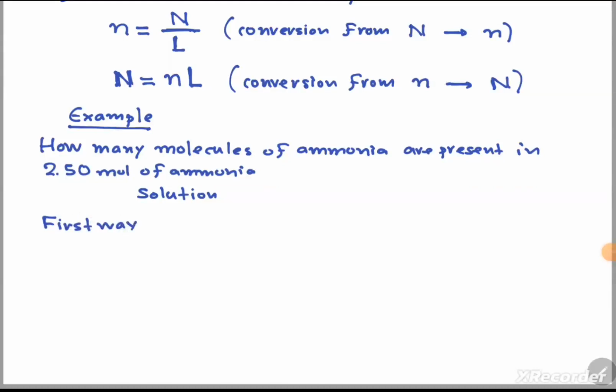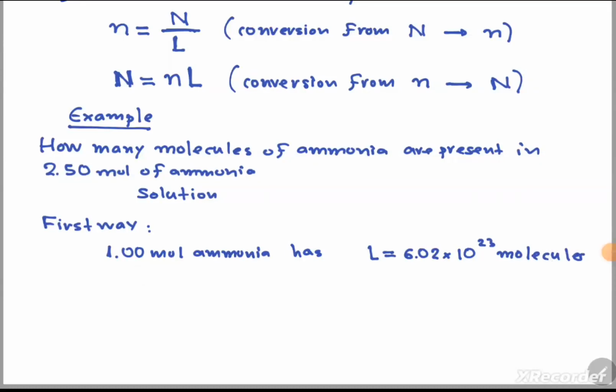First way. One mole of ammonia has L equal to 6.02 times 10 to the 23 molecules. 2.50 mole of ammonia has N molecules.